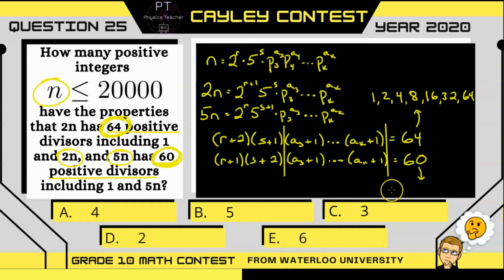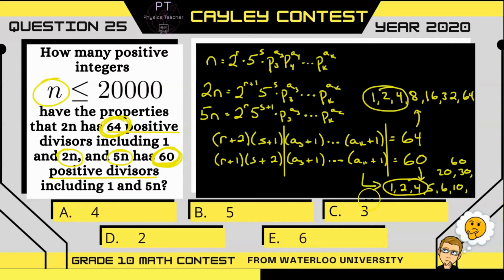Now 60 has the following possible divisors: 1, 2, 4, 5, 6, 10, 20, 30, and 60. So the only ones we have in common here are 1, 2, and 4. That means the product of what I have in the bracket here must be equal to either 1, 2, or 4.